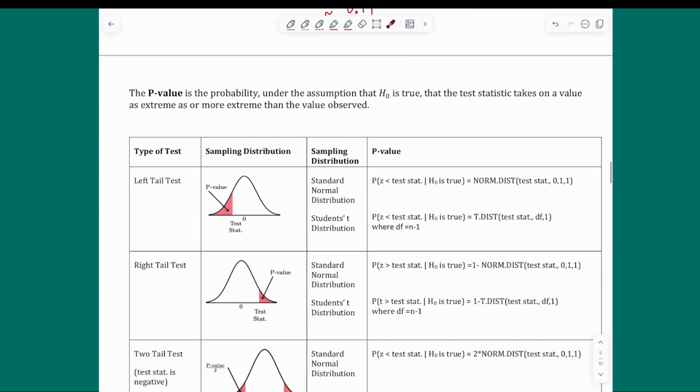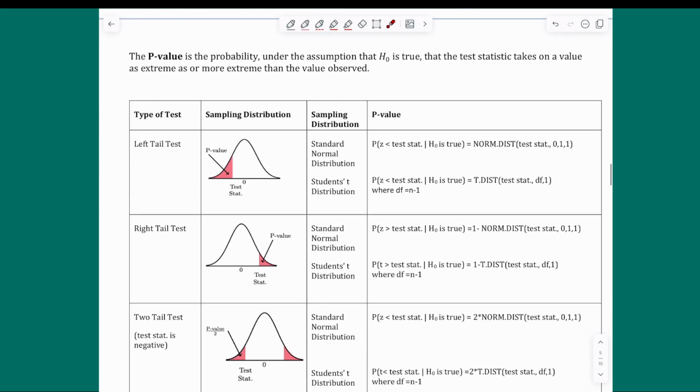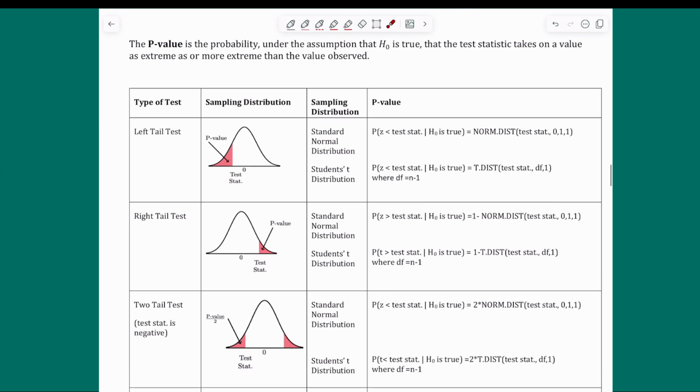All right, let's talk about the p-value. The p-value is the probability, under the assumption that the null hypothesis is true, that the test statistic takes on a value as extreme as or more extreme than the value observed. To calculate a p-value, you definitely have to use some kind of table or technology, because you're finding area under a continuous probability distribution.